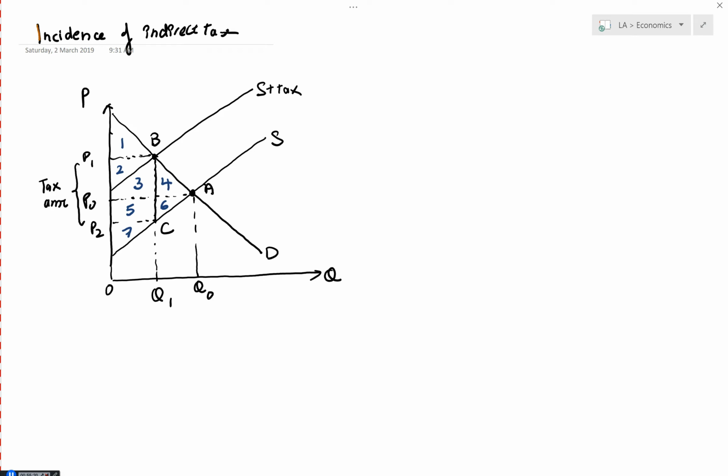Okay. Now, before tax, consumer surplus equals to what? Area 1 plus 2 plus 3 plus 4. Am I correct? Area below demand curve and above the equilibrium price they paid. Correct?